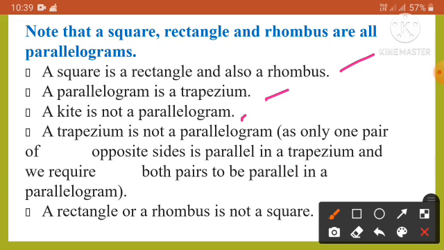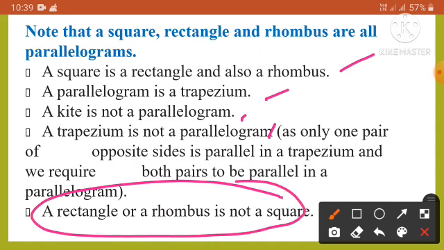A trapezium is not a parallelogram as only one pair of opposite sides is parallel and we require both pairs to be parallel in a parallelogram. And at last, a rectangle or a rhombus is not a square. So we are getting all these ideas from the given lesson.